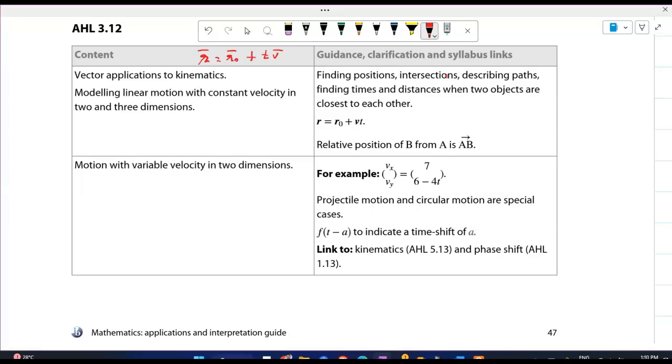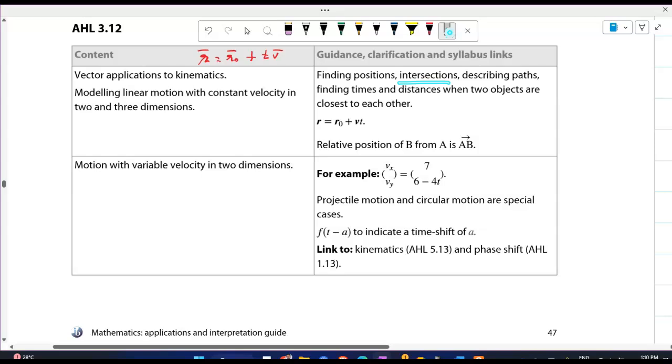Your r0 is the initial position, which will be given to you. A velocity vector will be given. And your time behaves as a parameter. So this will help you to find out the position. They give you r also, then you're framing an equation.